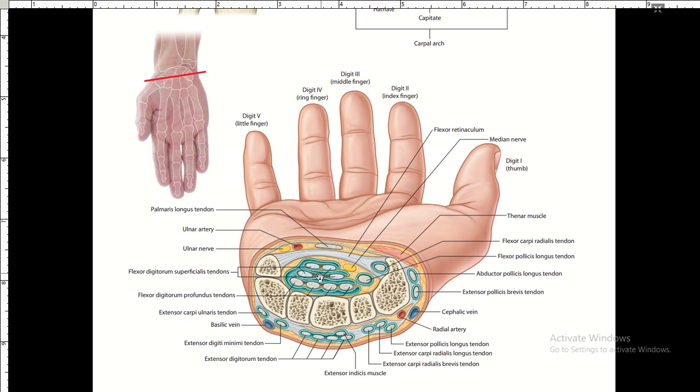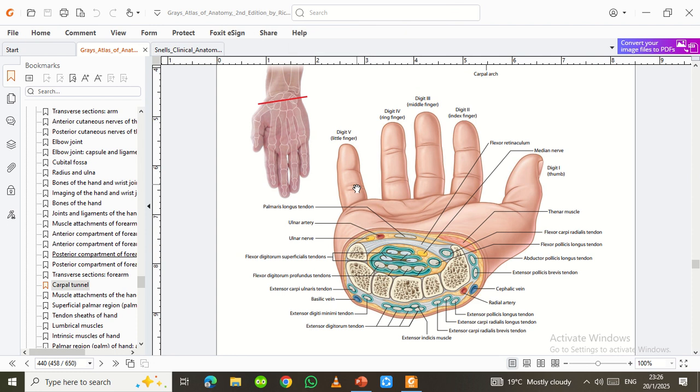And between the flexor digitorum superficialis tendon and your flexor pollicis longus tendon, you're going to have a narrow portion. Between them, you're going to have your median nerve.